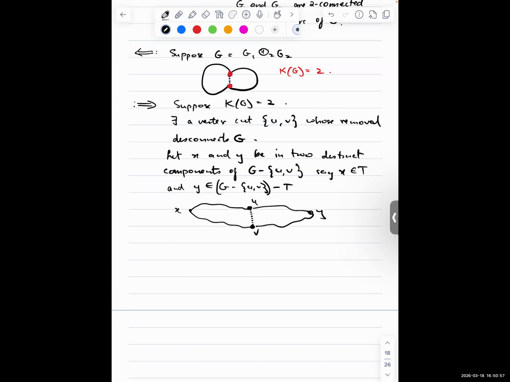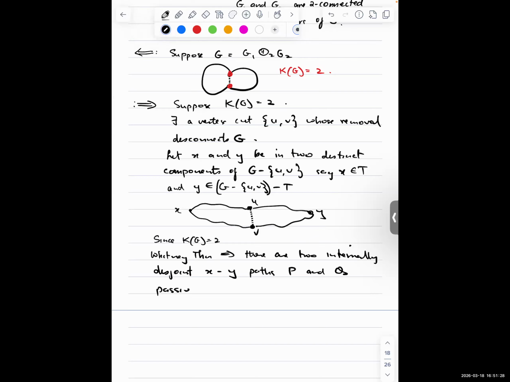So now since kappa G is equal to 2, one of our earlier propositions, Whitney's theorem, I forgot the numbering, implies there are two internally disjoint XY paths, let's call them P and Q, passing through U and V, respectively, forming a cycle C as shown in that figure. All right, so the figure's up there.